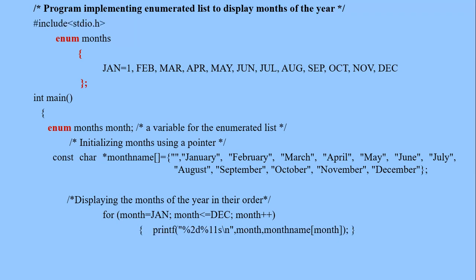That will continue until the content of month is no longer less than or equals to 12, and then the program will end. In other words, the return 0 will turn the control back to the operating system, and our program will end. Therefore, the purpose of this program is to display the months of the year spanning from January, position 1, to December, which is position 12 in our enumerated list.